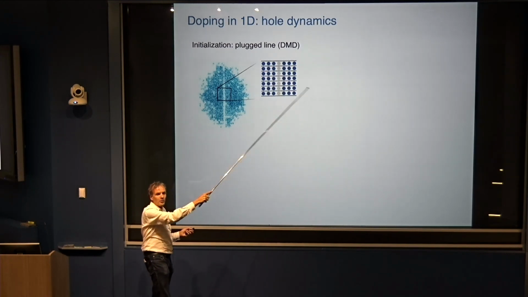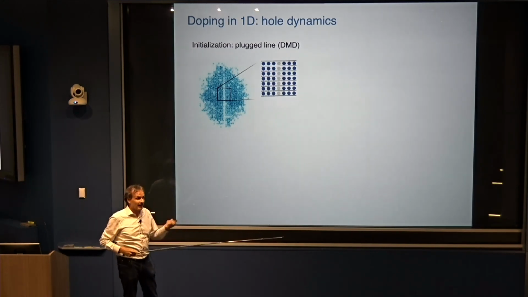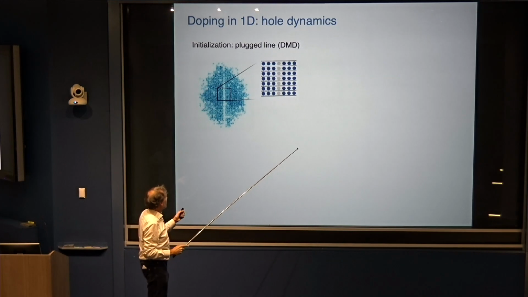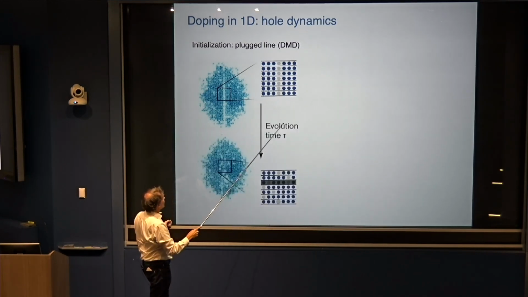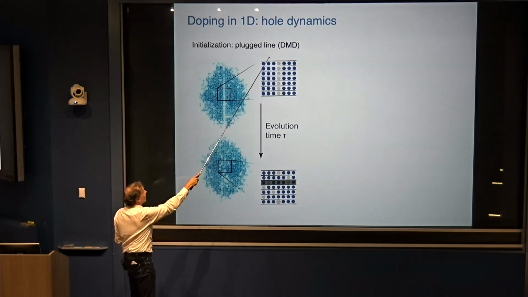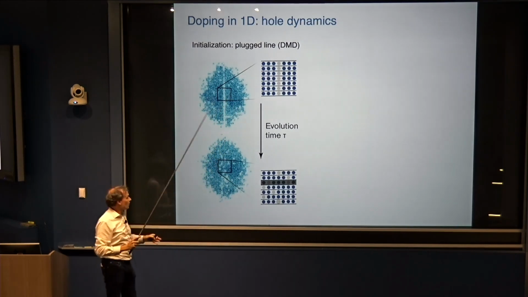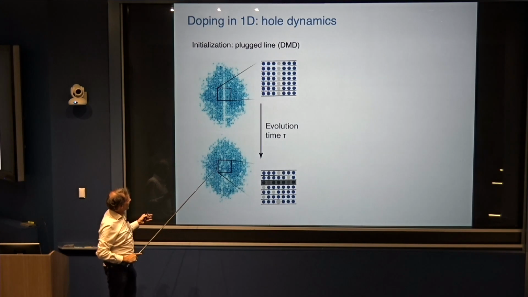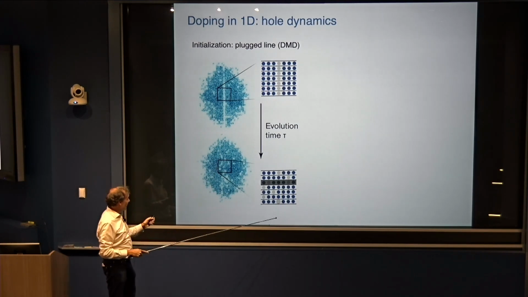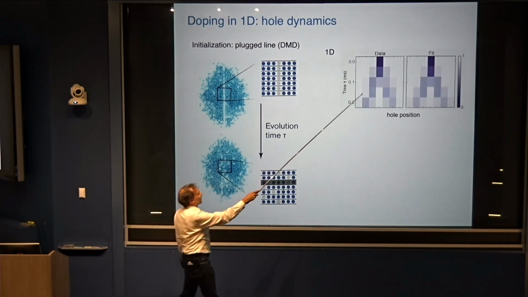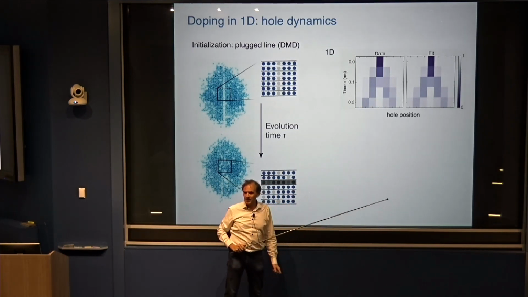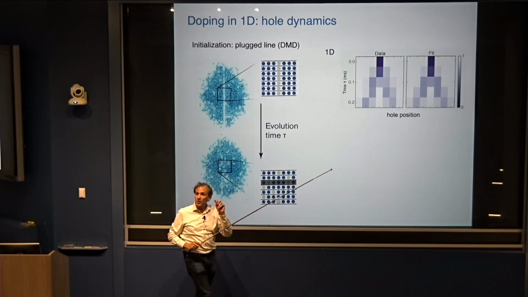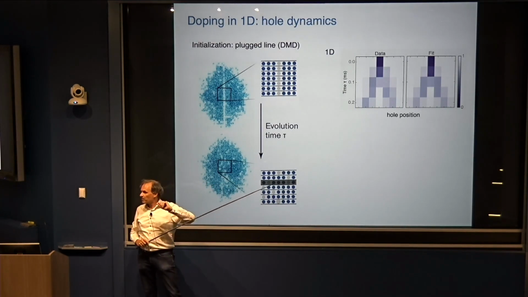And if this hole moves, this is kind of like electricity transport in a material. So let's prepare this row of holes here, and then we can again turn off the potential that keeps the holes in place, and look at how the holes move left or right. If you do this experiment, we find exactly the same quantum walk I showed you earlier for single particles. But now it's not a single particle, it's a hole in a Fermi-Hubbard model.